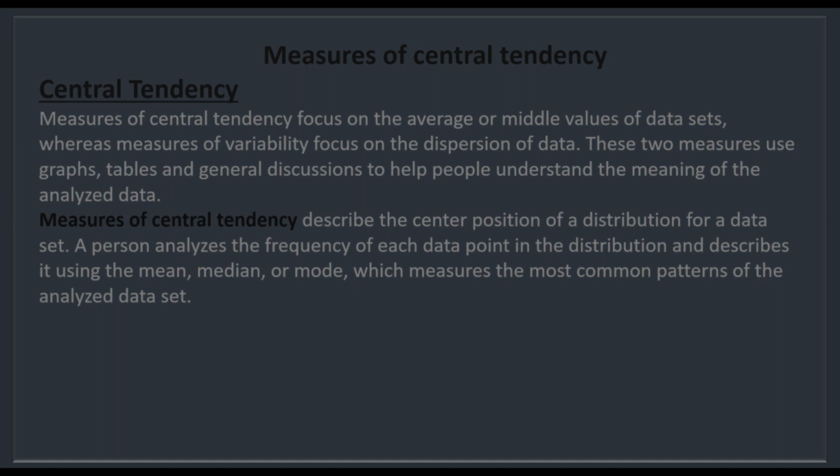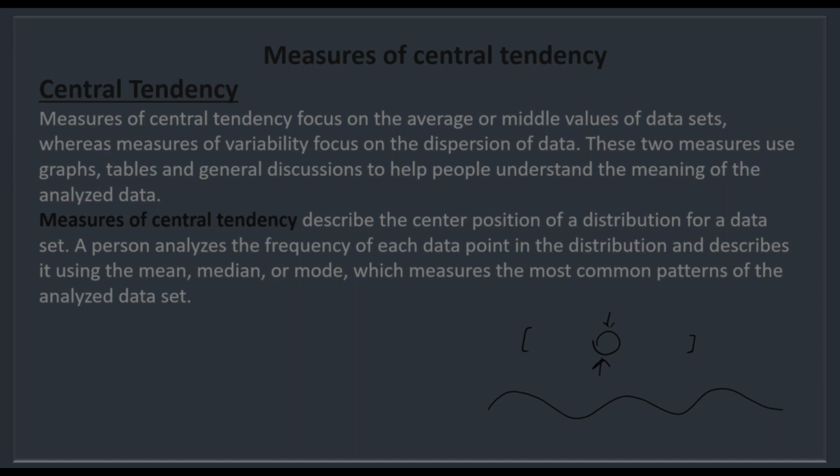So what is central tendency? Measures of central tendency focus on the average or middle values of a data set, whereas measures of variability focus on the dispersion of data. When we are considering a data set, the measures of central tendency concentrate on the central value, but the measures of variability concentrate on how the values are dispersed in the whole data set. That is the difference between central tendency and variability measures. These two measures use graphs, tables and general discussions to help people understand the meaning of the analyzed data.